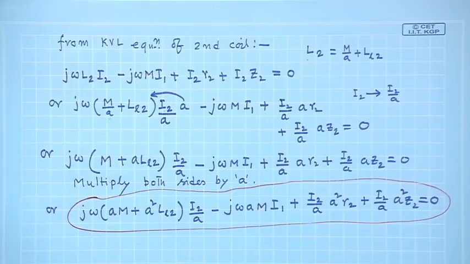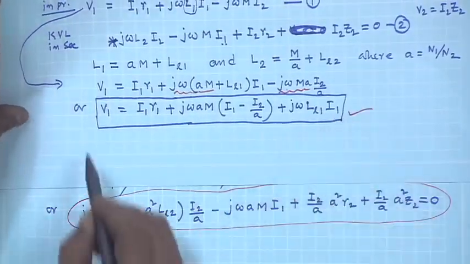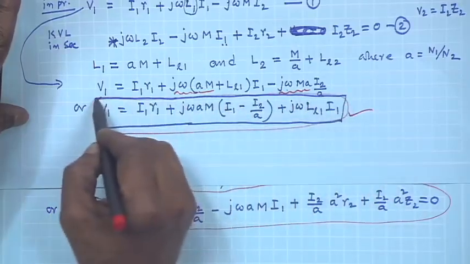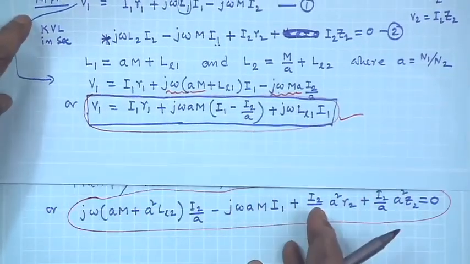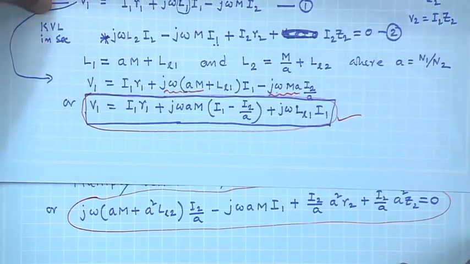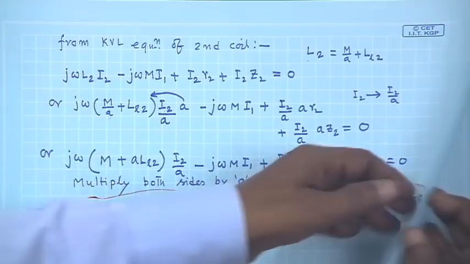So, these two equations are now like this. This is one and this is one, and we are done. Equivalent circuit now can be drawn. Let us see how. These two equations we will keep in mind.